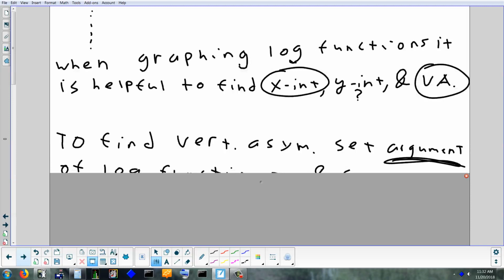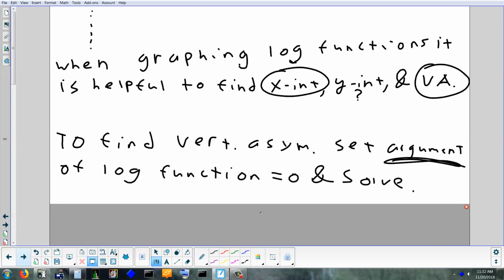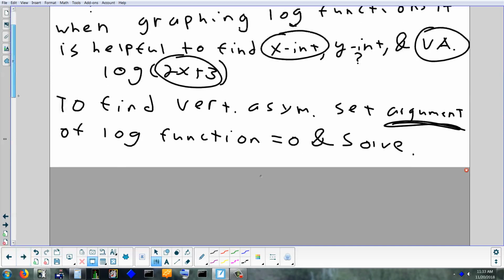Shifting left and right, horizontal stuff. Okay? That's the argument. Inside is the horizontal. So to figure out where the asymptote moves, just set the argument equal to 0 and solve it. Right, so your argument, remember, is like this stuff right there. It's the stuff inside the function. So set that equal to 0, solve it, and that'll tell you where your new vertical asymptote is.